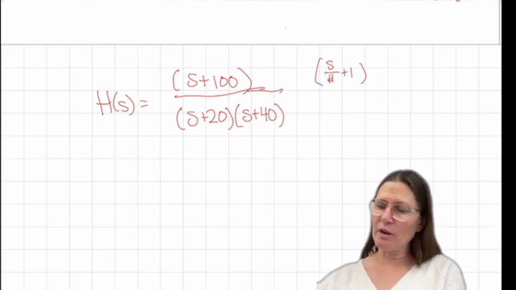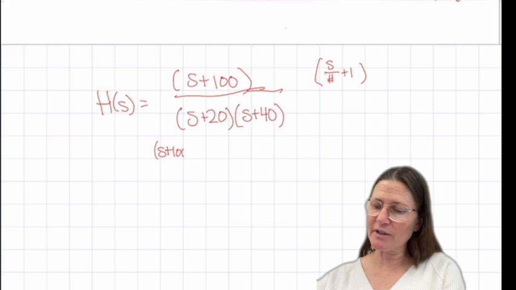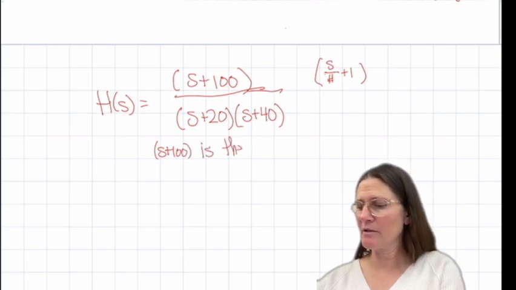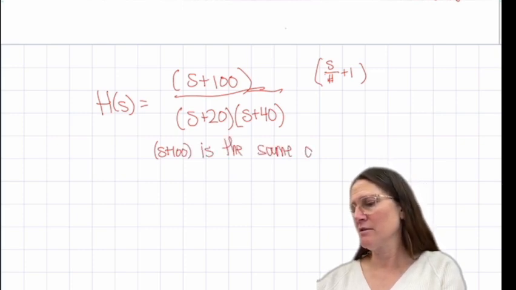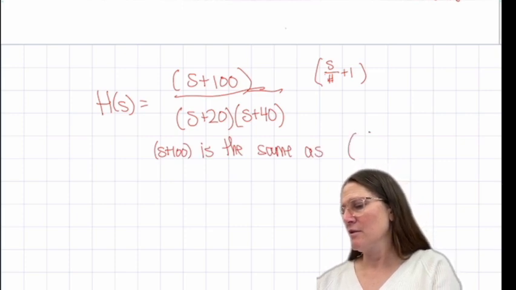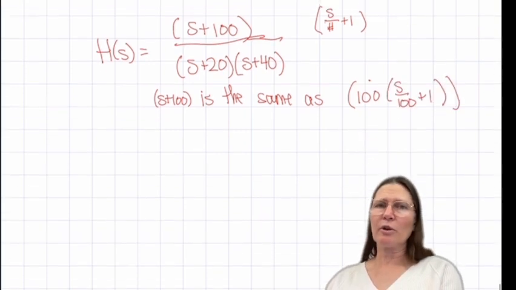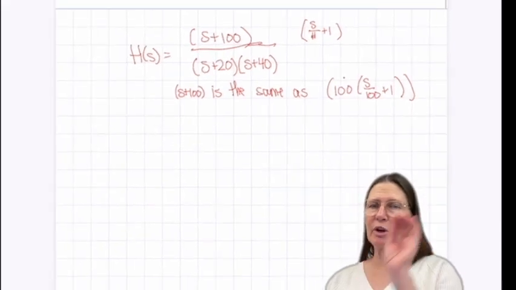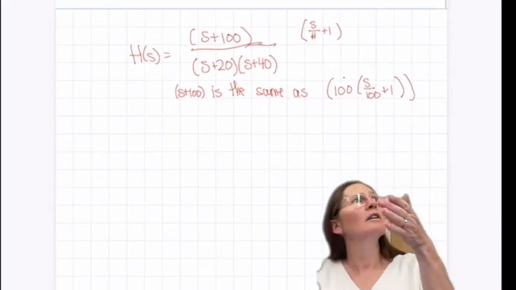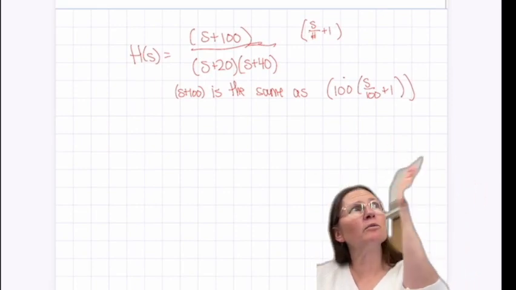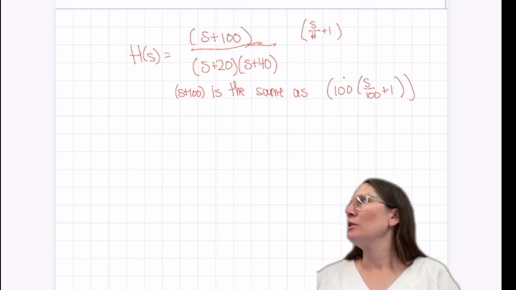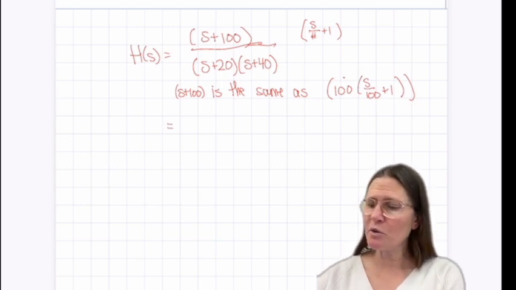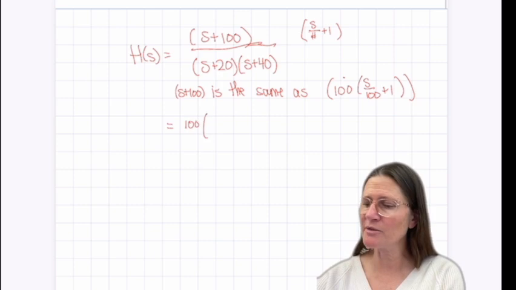And so note that S plus 100 is the same as, so note that those are the same, right? So I take the 100 and it would be S, and then plus 1 would be 100 in there. So with that, this standard form would be 100 times S over 100 plus 1.